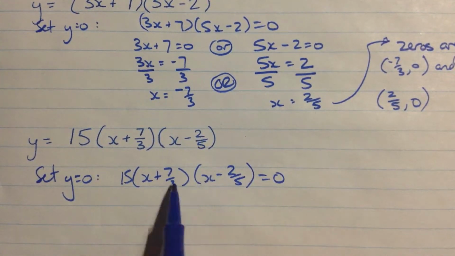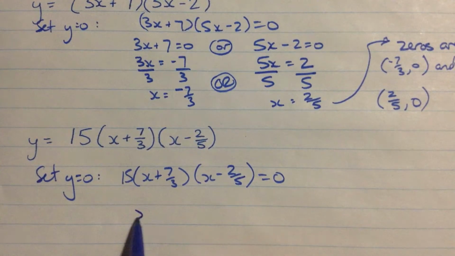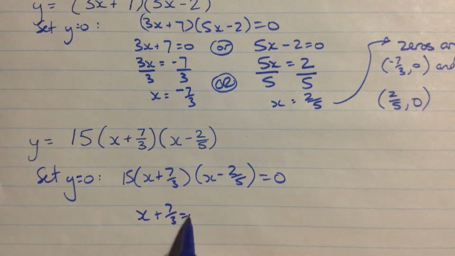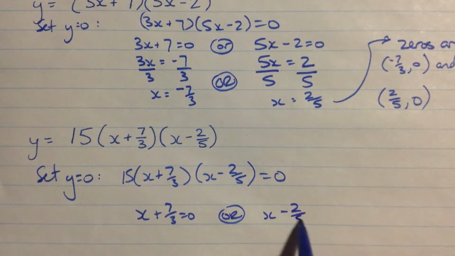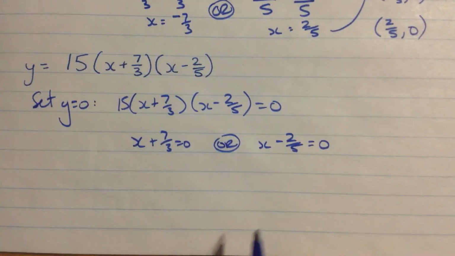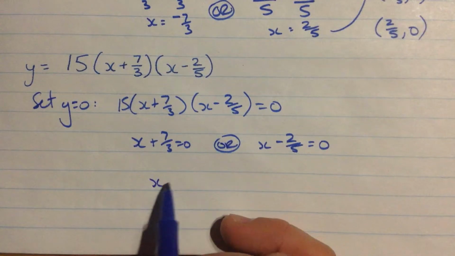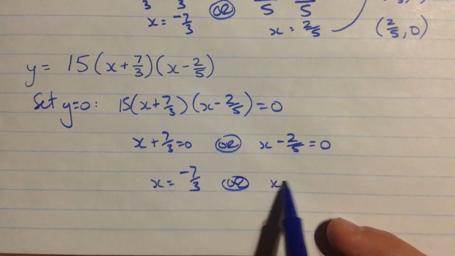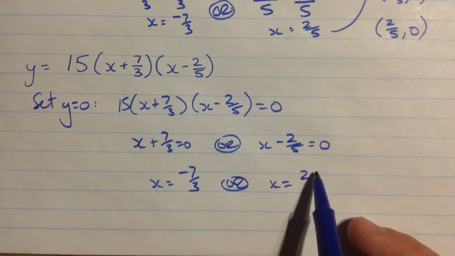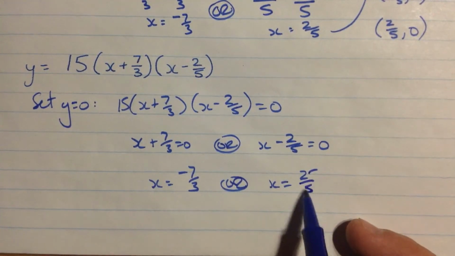That means that one of these two binomials must be 0. So x plus 7/3 equals 0, or x minus 2/5 equals 0. That means that x is negative 7/3, or x is positive 2/5. Sorry about that.